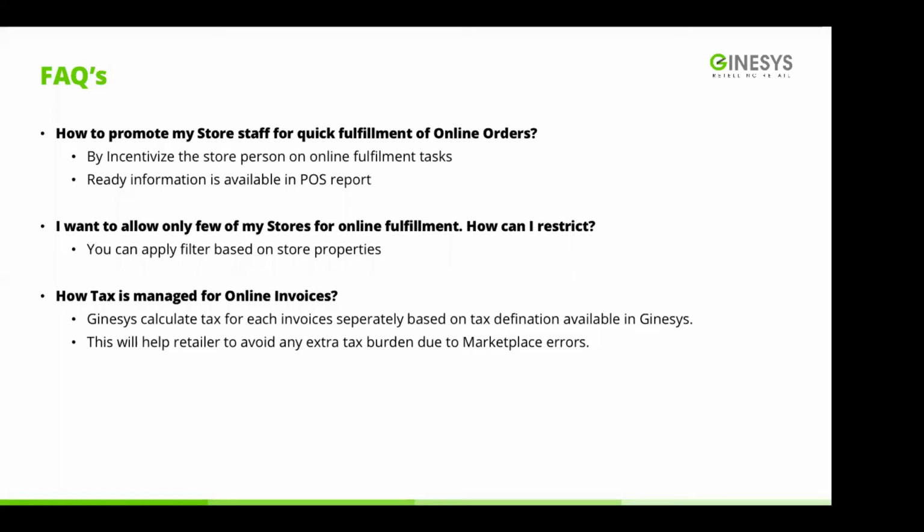Instead of 12%, they charge 18% GST. Instead of 5%, they charge 12% GST, like that. But we always calculate all the invoices. Whatever invoices OMS pushes to Ginesys, we calculate tax based on the definition available in Ginesys only.